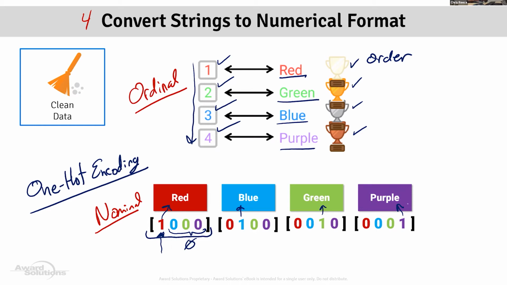I'm saying that it's red, or it's blue, or it's green. That's where one-hot encoding comes in. But in either case, we're able to do analysis based off of this, because we've gone from some type of string, some type of category, some type of characteristic to numbers.